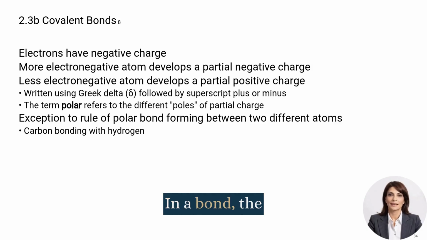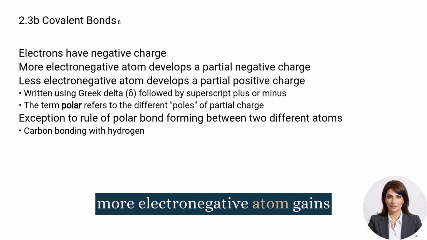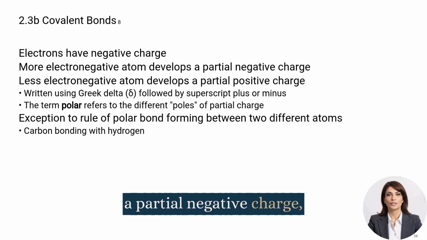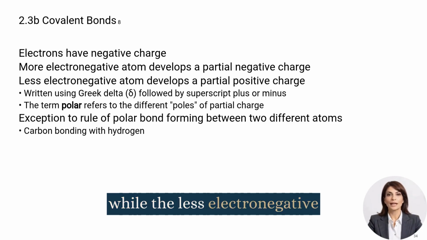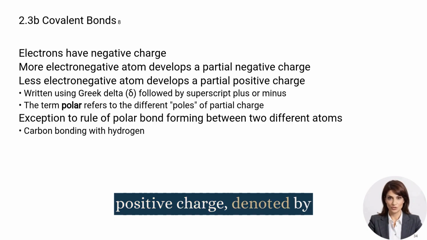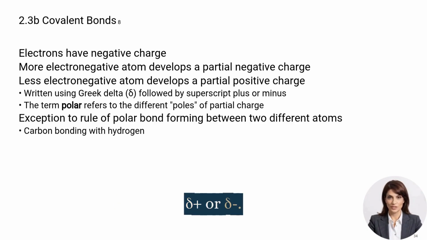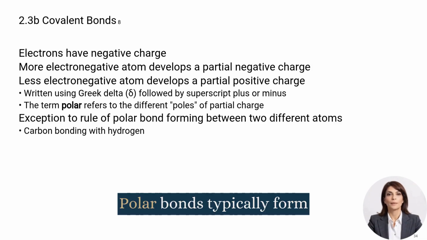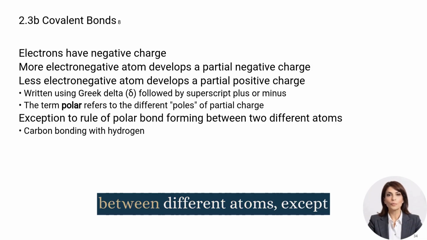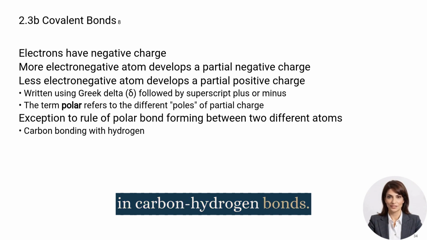In a bond, the more electronegative atom gains a partial negative charge, while the less electronegative atom gains a partial positive charge, denoted by delta plus or delta minus.